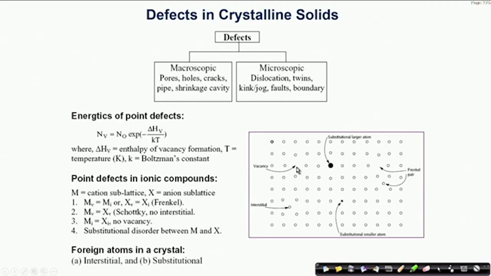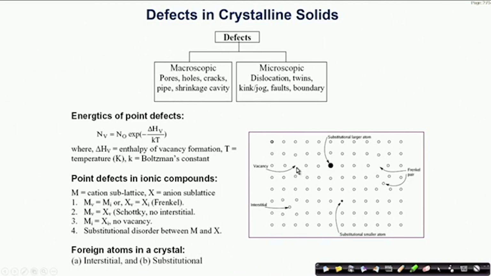You may also have a situation where some of these atoms could be missing during the crystal growth for kinetic reasons. Maybe some of the usual locations were missed out. An atom failed to occupy a particular position, or during different types of transformations or processing, some of the atoms may find their way all the way to the surface. In such a situation, it leaves behind a vacant spot, and we call them simply vacancies.